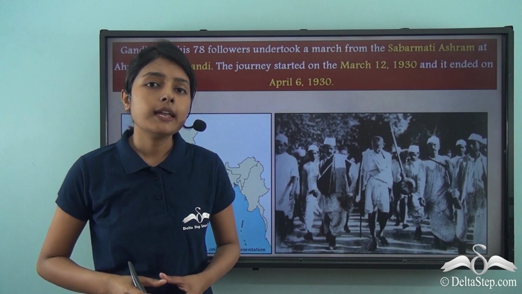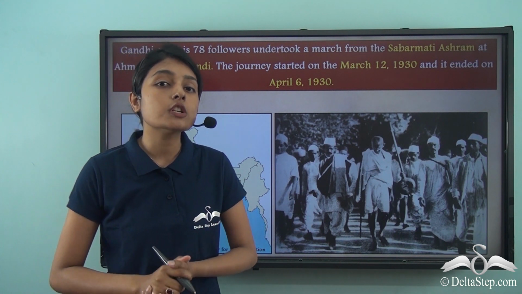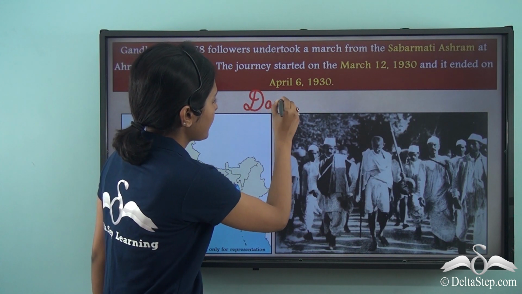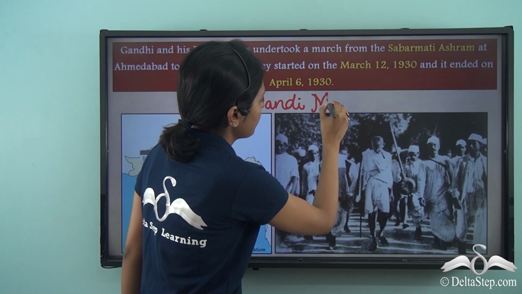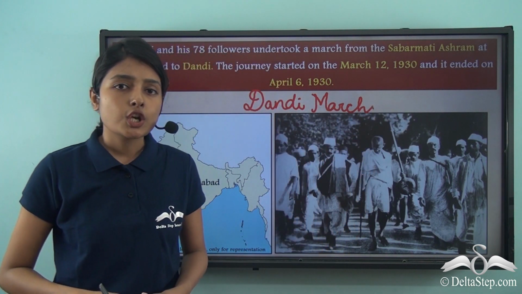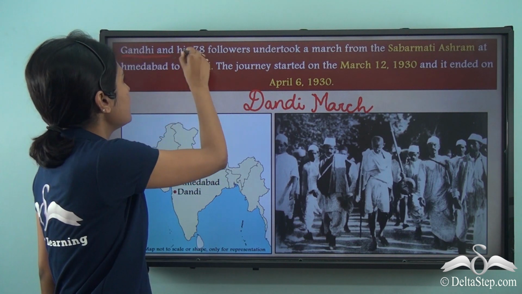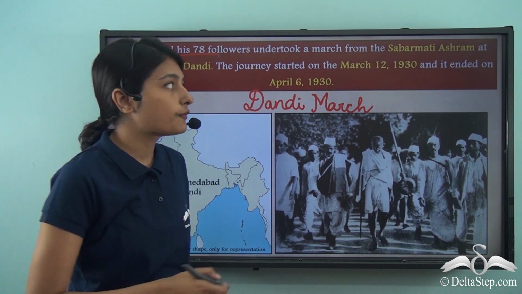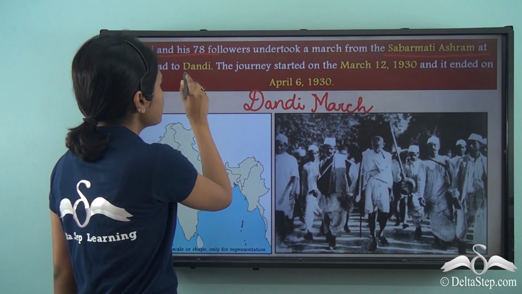So Mahatma Gandhi began this civil disobedience movement with the famous Salt March, which is also known as the Dandi March. What was this Dandi March all about? Now, Gandhi along with his 78 followers undertook a march from the Sabarmati ashram at Ahmedabad to Dandi.